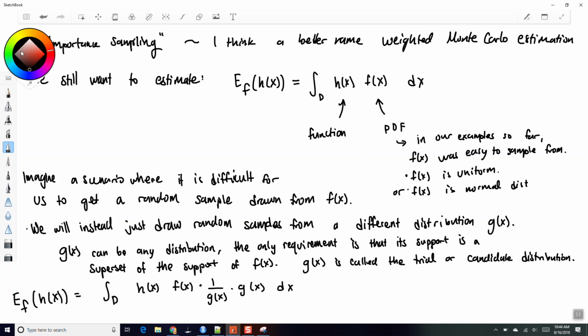And so what we can do is, instead of saying this is the function and the PDF, I'm going to break it apart like this. So this will be our PDF. We are able to sample from this, and this is going to be my function.